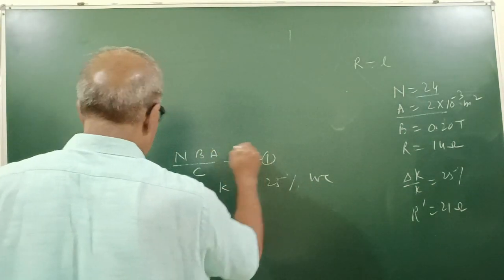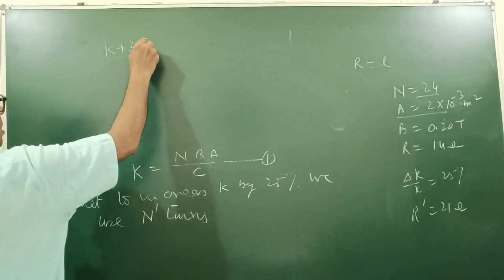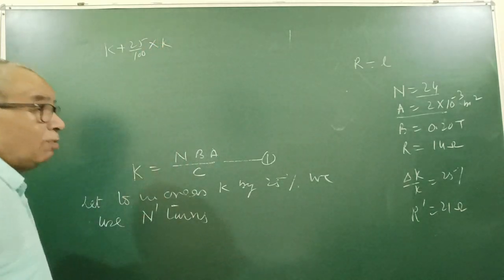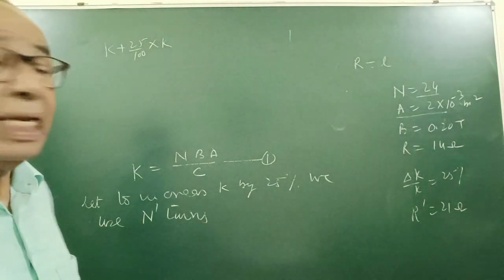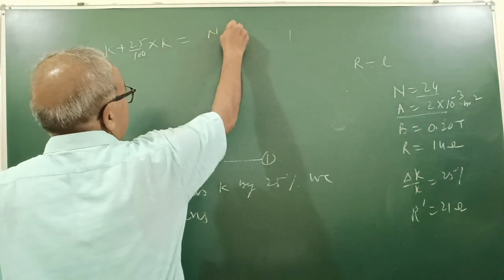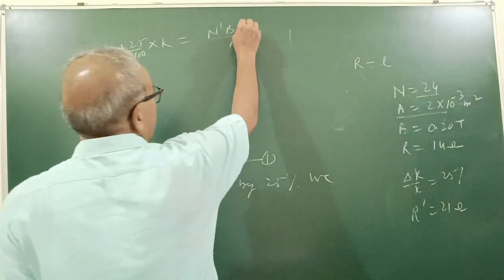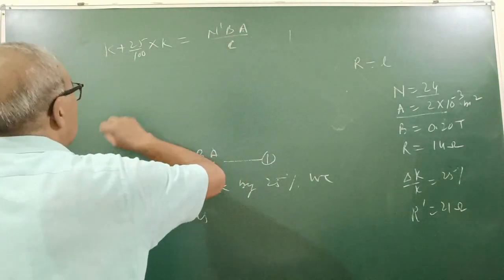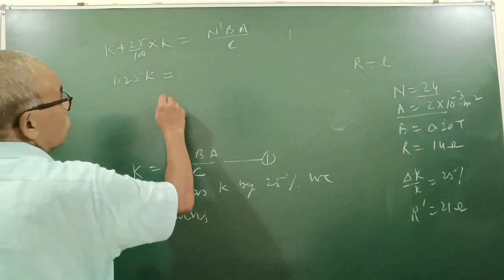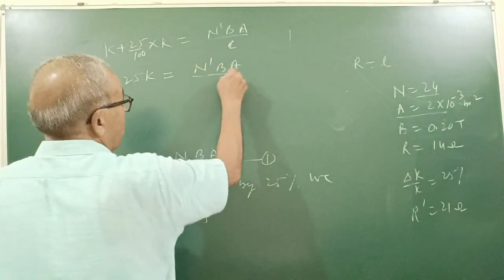This is the first equation: K. Then K plus 25% of K, 25% to be added, is equal to N dash BA upon C. It will be 1.25 K is equal to N dash BA upon C.